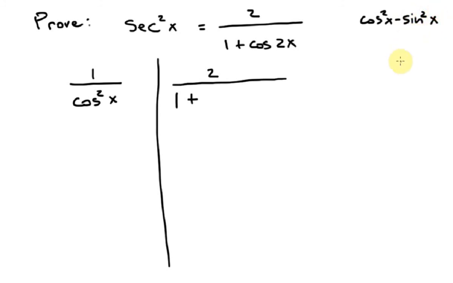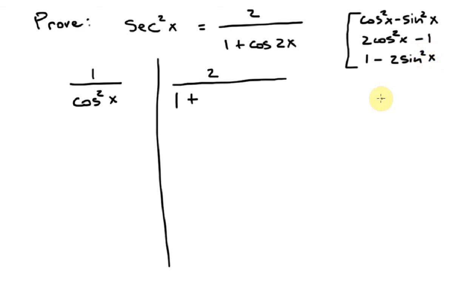Well, I could, but I don't think it's going to get me very far, or at least it would take an extra step. Now, what are my other choices here? My other choices are 2 times cos squared minus 1, and then I also have 1 minus 2 sine squared.